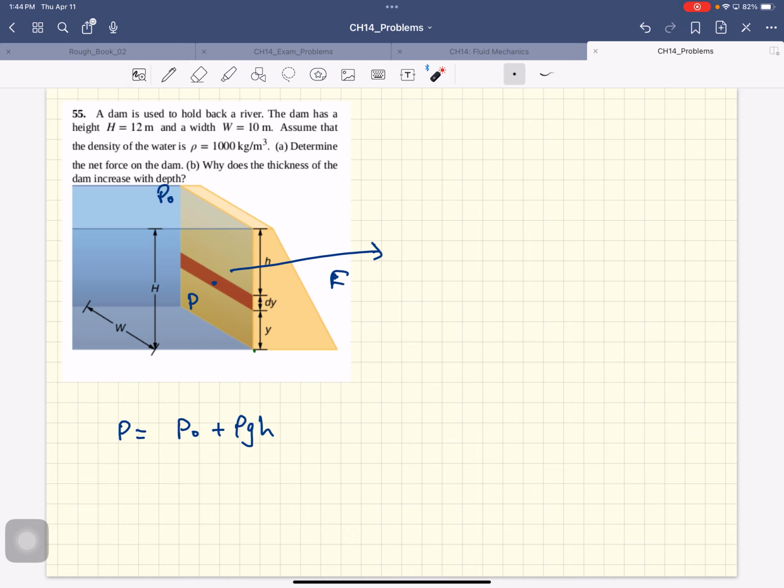Okay. Now the pressure at the other side is P naught. So the net pressure is P minus P naught. Okay, so P minus P naught, rho g h, is what is relevant. Okay. Did you guys understand that?